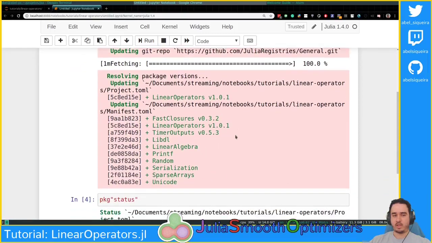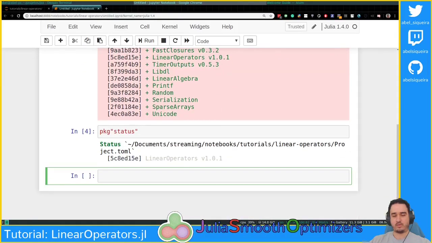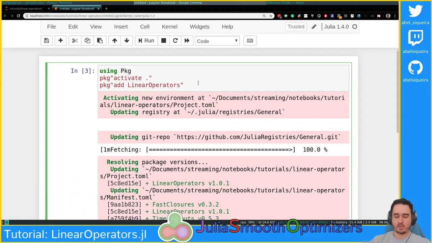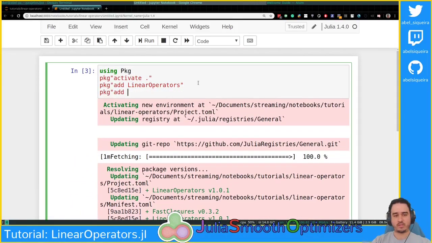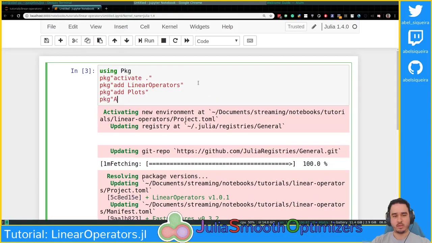Okay, I have LinearOperators 1.0.1. And also, since I know I'm going to have to use graphics, I'm going to add Plots and GR, which is my favorite backend for plots.